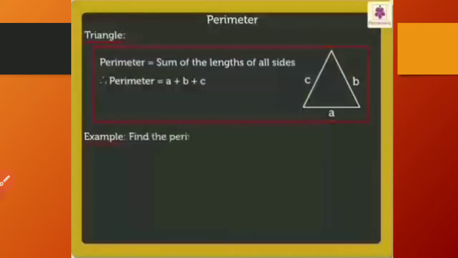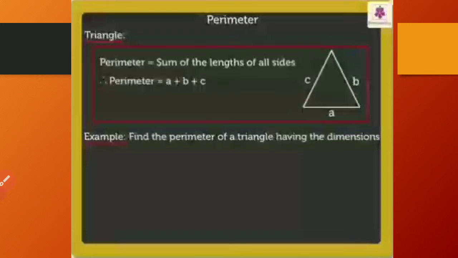Let's find the perimeter of a triangle having the dimensions P is equal to 7 meters, Q is equal to 8 meters and R is equal to 10 meters.